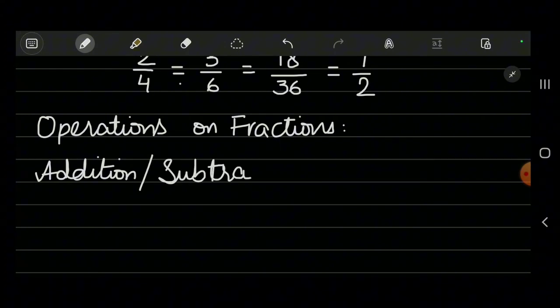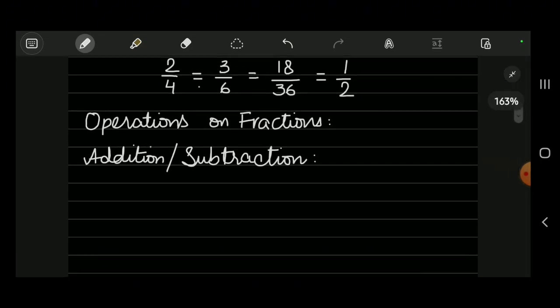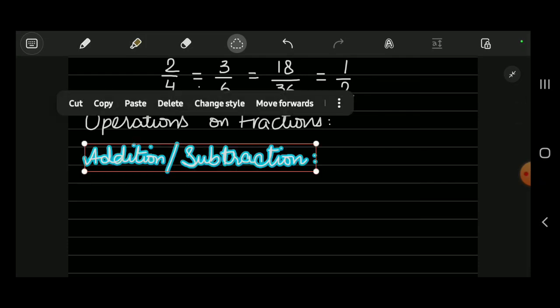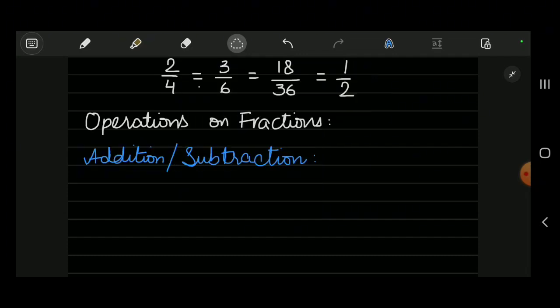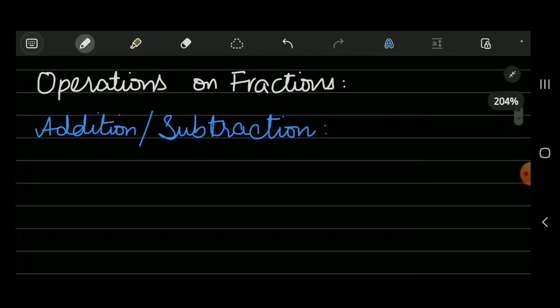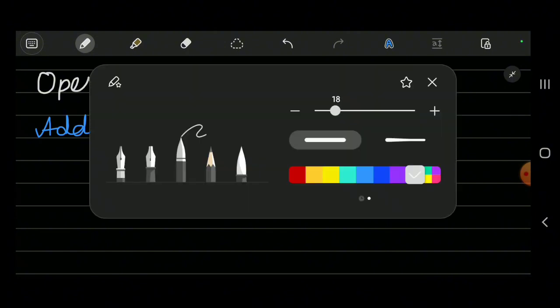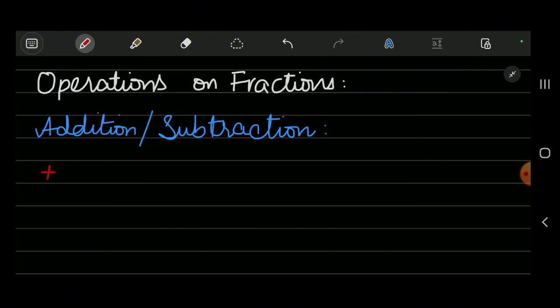Because the rule is the same for both addition and subtraction of fractions. And what is that rule? Whenever you need to add or subtract fractions, the one important rule is you must have a common denominator.